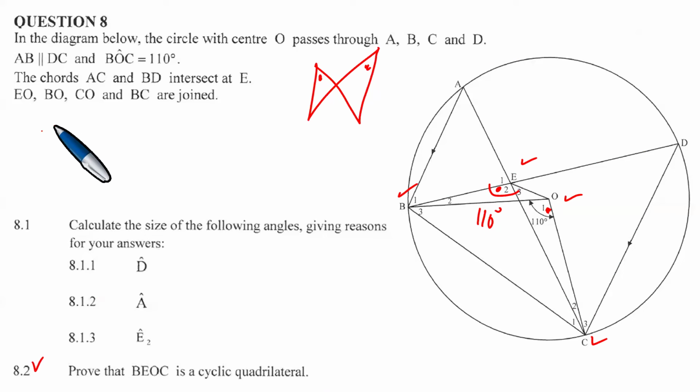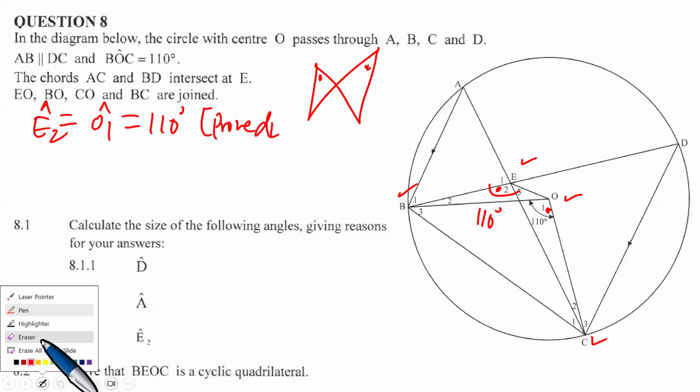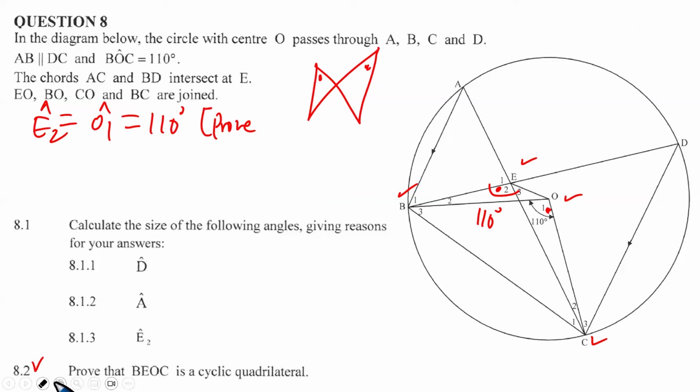So to prove that BEOC is a cyclic quadrilateral, we proceed as follows: the angle E2 equals the angle O1, which equals 110 degrees. Why is that the case? It has been proved in 8.1.3, where we established that E2 is 110 degrees.